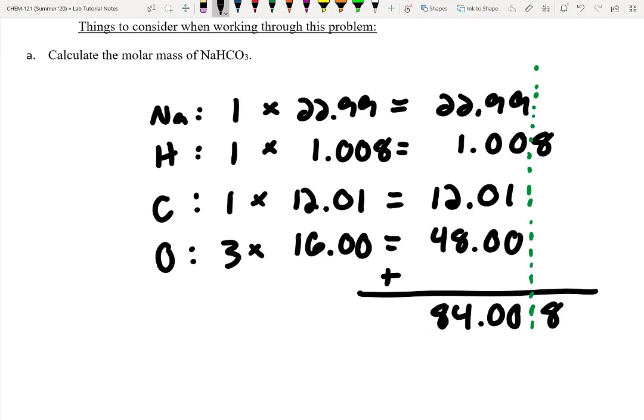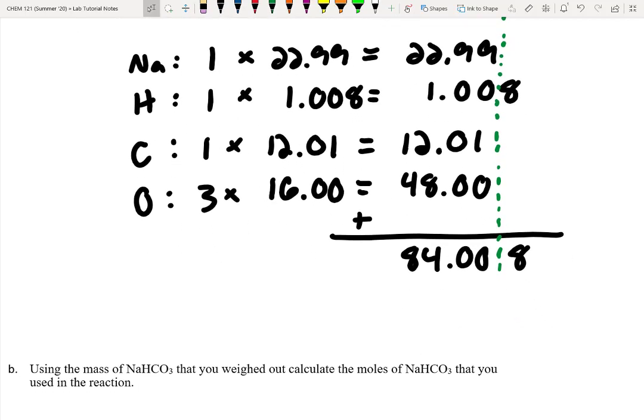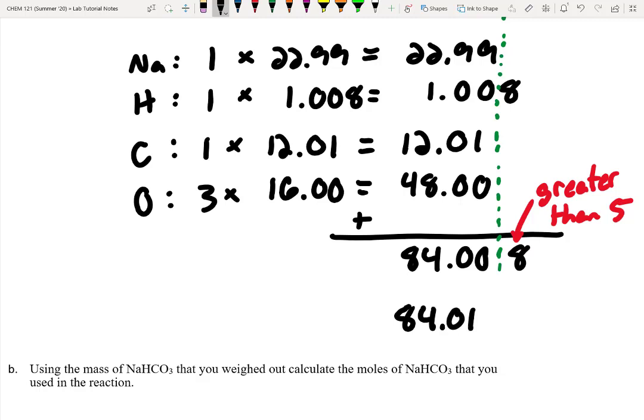If you do this in your calculator, what you'll find is you'll get 84.008. But the 8 that comes off the end, you see how it's further to the right of the decimal than any of our other values? That means we don't want to include it in our final answer. But it's greater than 5. So according to our sig fig rules, we need to round up. So what I would say is let's change this to 84.01.